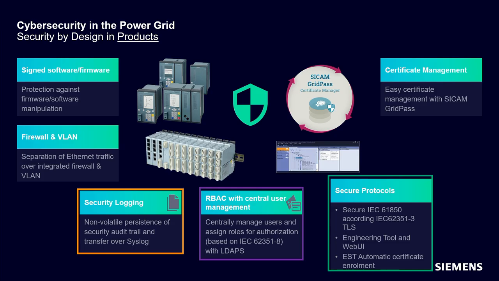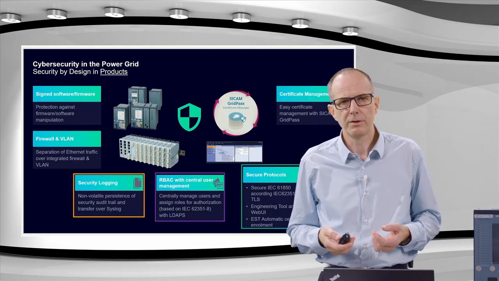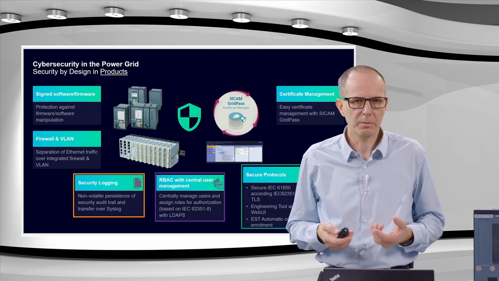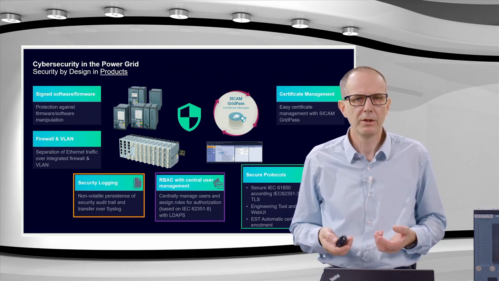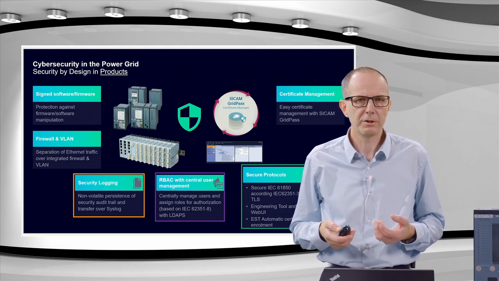And we at Siemens make it easy with the tool SICAM GridPass to manage the secure keys with certificates. In summary, with the secure substation, we have seen that the protection device has to interact with other IT components. This is important for the engineer to understand for the cybersecurity features in the device.